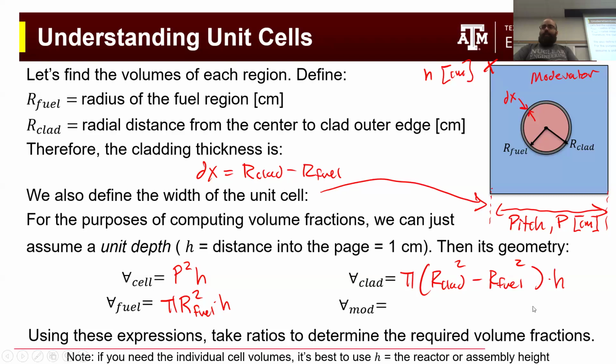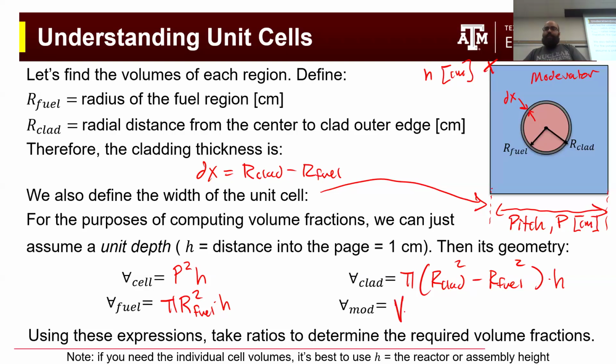And if we know the full volume of the cell, the volume of the fuel, and the volume of the clad, how can I get the volume of the moderator, which is basically just everything that's left over? Yeah, perfect.